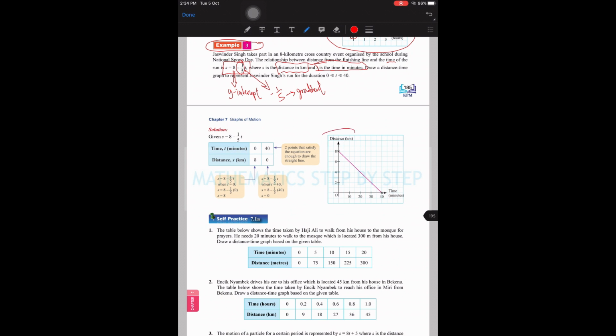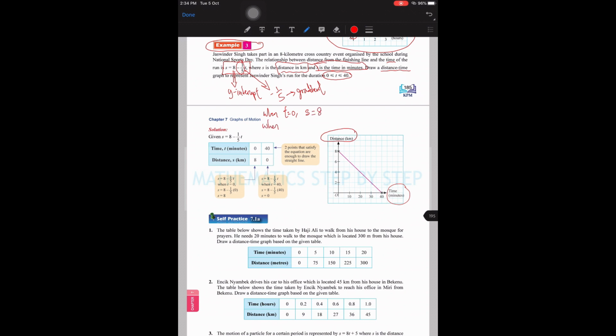So we can see the y-axis is distance in km, x-axis is time in minutes, okay? So now draw a distance-time graph to represent Jaswinder Singh's run for the duration t greater than or equal to 0 and less than or equal to 40, okay? So again, we can substitute a few values into t and get the value of s, okay? So let's say when t equals 0, we get s equals 8, okay?